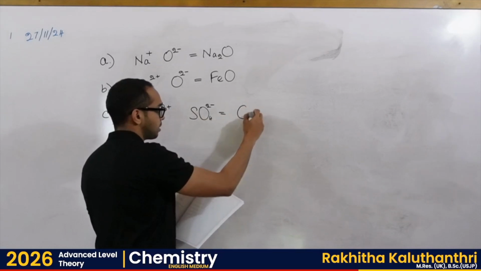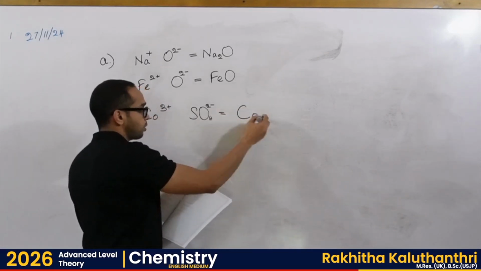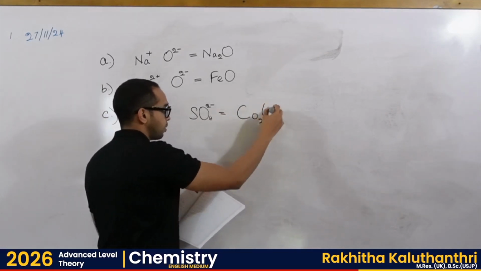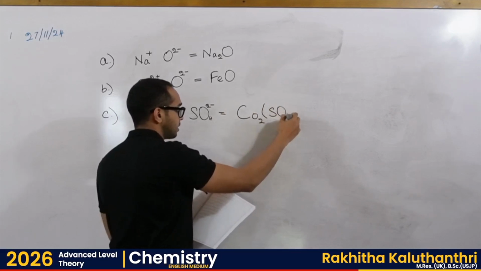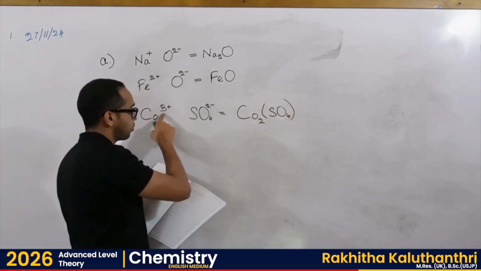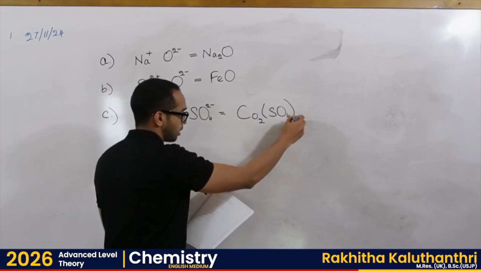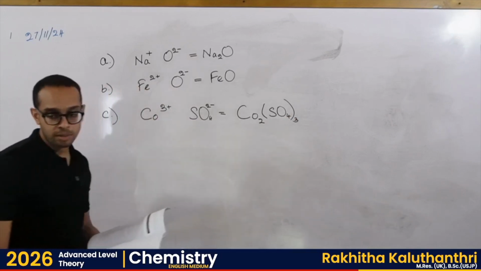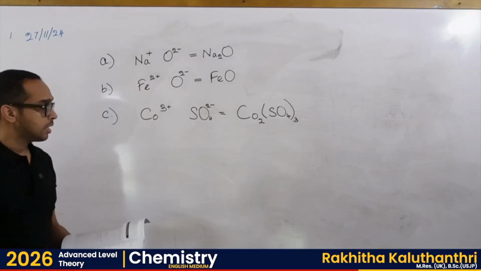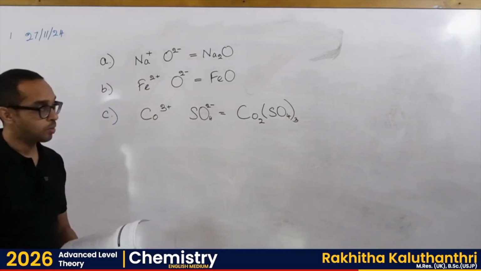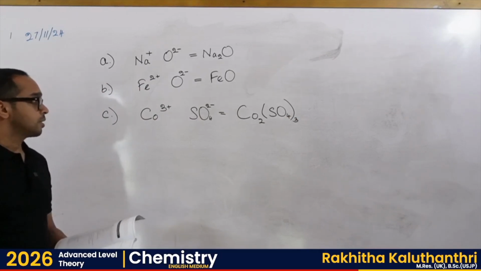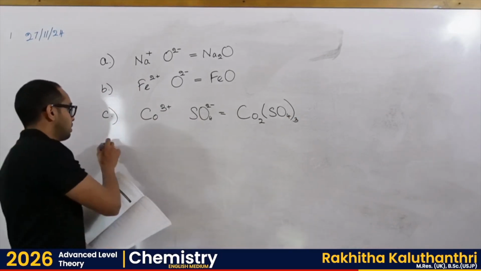So then this becomes Co2(SO4)3. Within brackets we write sulfate, and the charge of cobalt is written outside of the bracket. Now this is a shortcut method of getting to the answers. So this is the formula for cobalt 3 sulfate, right?